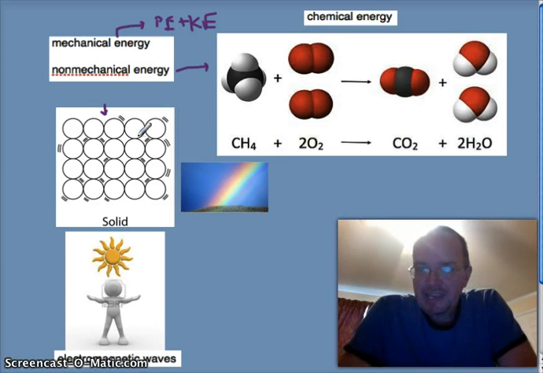So the kinetic energy of these particles with temperature, going solid, liquid, gas, increases the non-mechanical energy. Now, in a chemical change, you have something called chemical energy. Let me show you what a chemical change was. Here we had two atoms, the oxygen and the CH4, which added together to become carbon dioxide, that's what this is, and two waters.